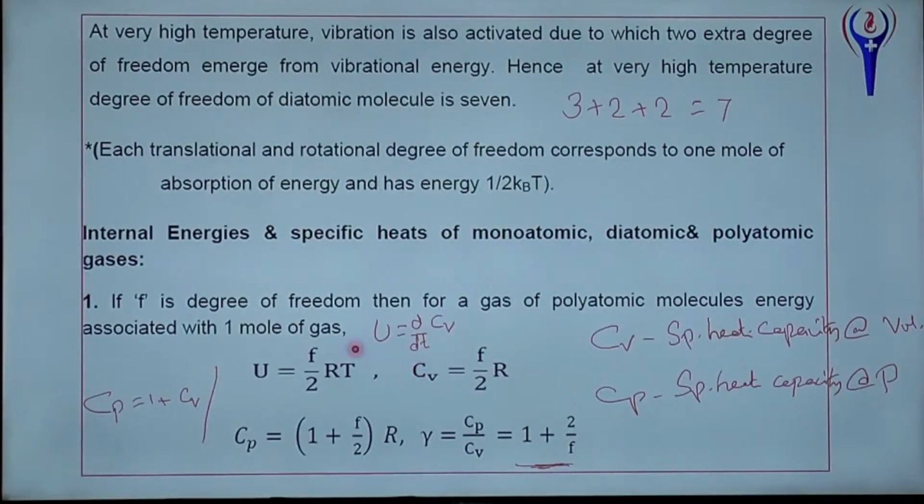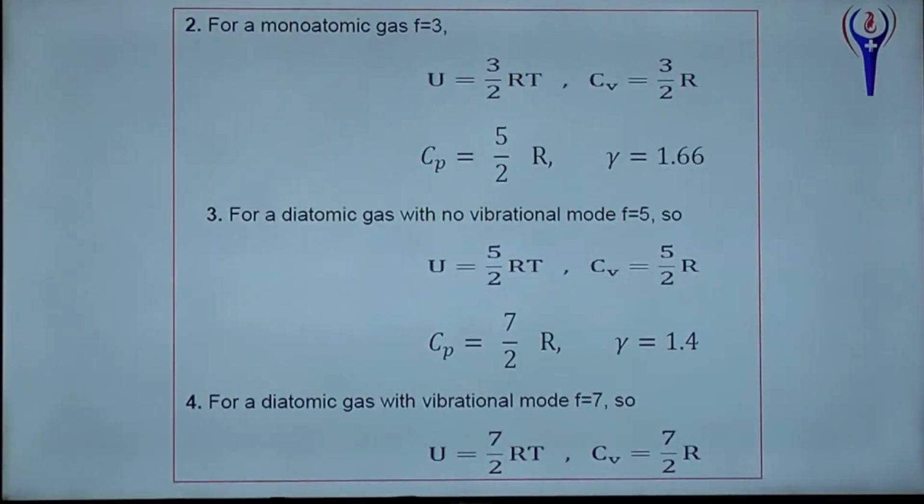Oh, sorry, this is capital T. Then only T will get cancelled. Then U equal to 3 by 2 RT, or Cv equal to 3 by 2 R.